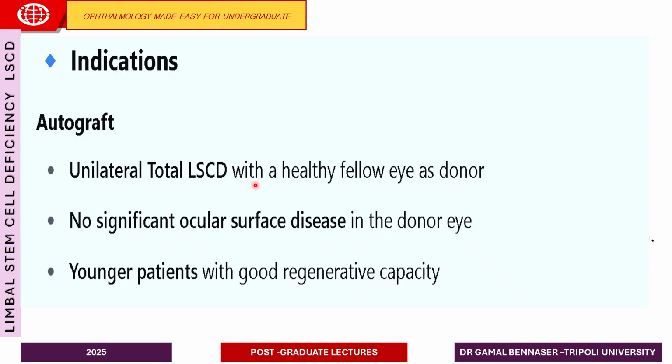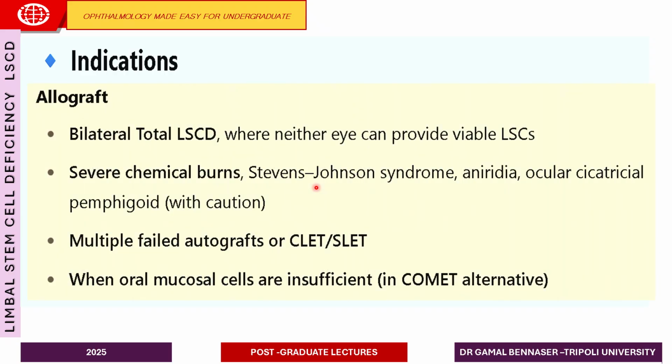So by proper clinical examination and using whatever equipment you have, you should determine that the contralateral eye is very healthy. Otherwise, you will induce limbal stem cell deficiency in the other eye. So there should be no active inflammation in the other eye, no evidence of limbal stem cell deficiency, and preferably use it in young patients.